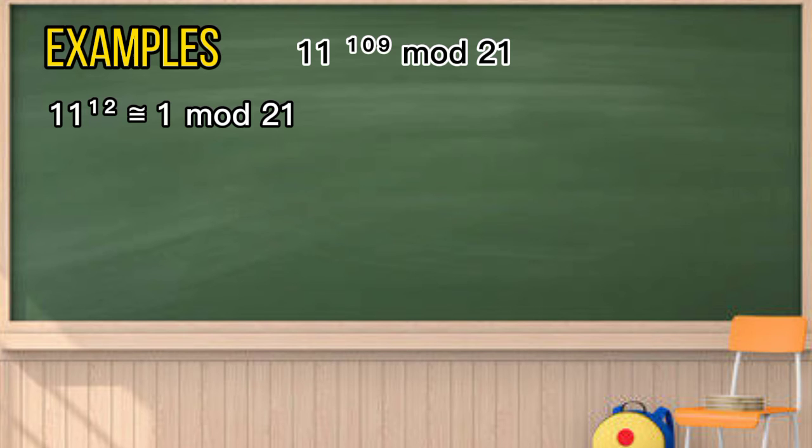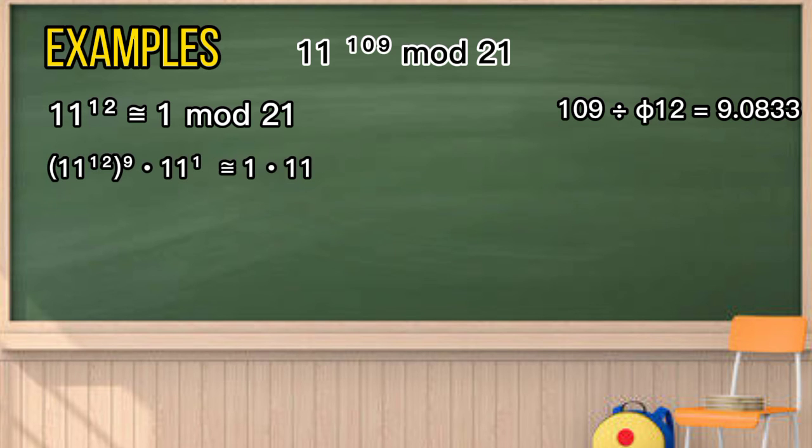But before that, let us first divide the totient 12 into our exponent, which is 109, and we will get 9.0833 and so on, which will help us find the remainder of 11 raised to 109 modulo 21. So for our solution, it will be 11 raised to 12 raised to 9 times 11 raised to 1, since we have a remainder from 109 divided by 12.